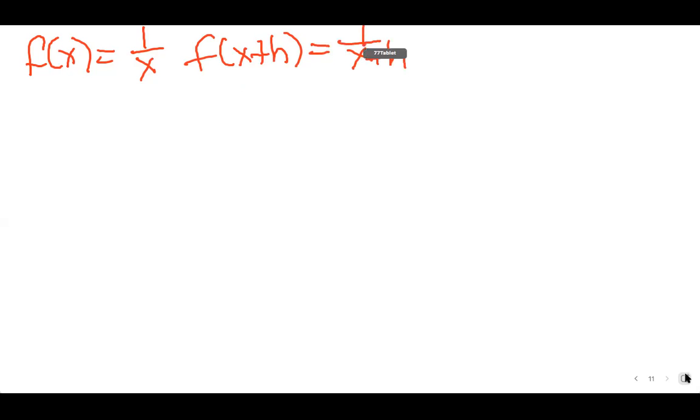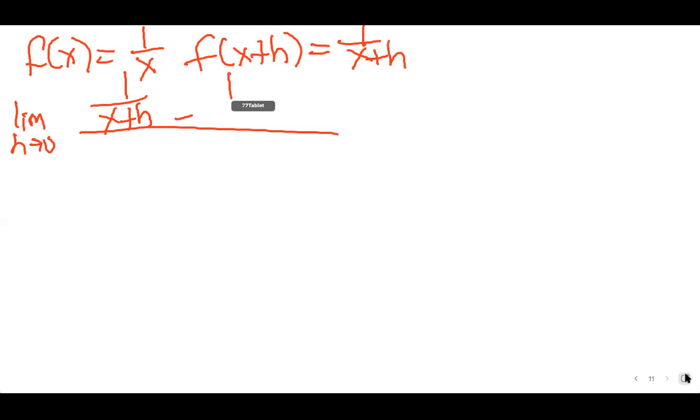Ayan, yun si 1. Let us now put those in our formula. So we have the limit of h approaching 0. And we have the f of x plus h, which is 1 over x plus h, and minus 1 over x, all over h.